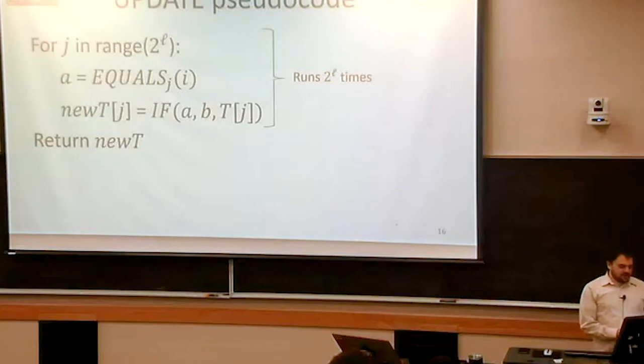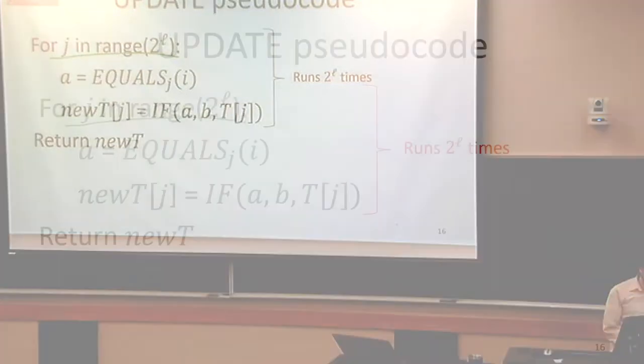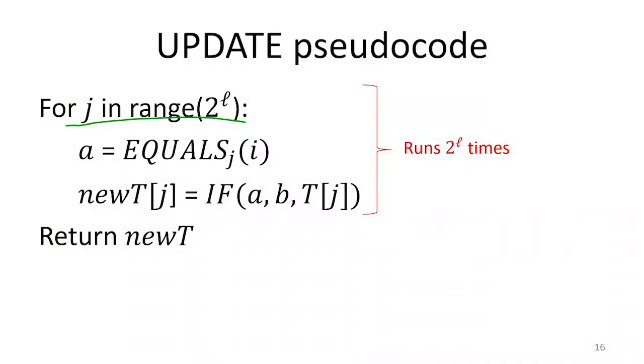Essentially what we're going to do in order to do our update is say for each of the rows in our table, which there are roughly 2 to the L of, that if this row is the row we were looking for, then A is going to tell us whether or not I was equal to J. I says, here's the row we're looking for. J says, here's the row I'm looking at. If the number for the row we're looking for matches the number for the row we're looking at, A is going to be 1.